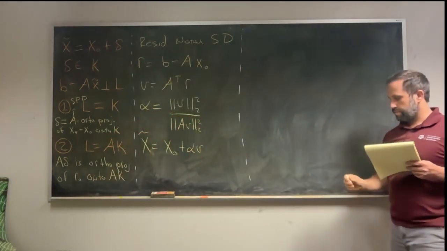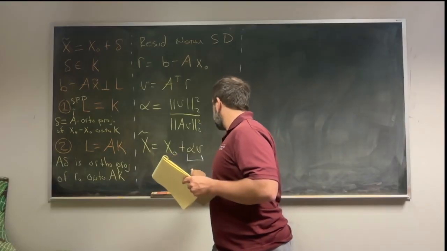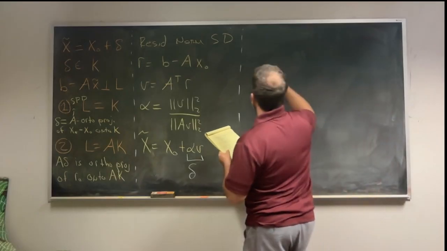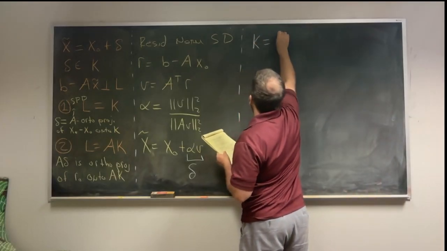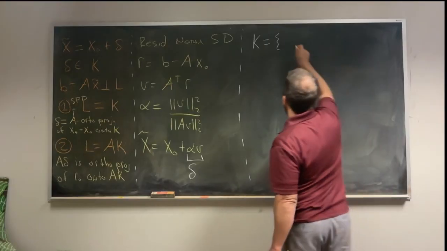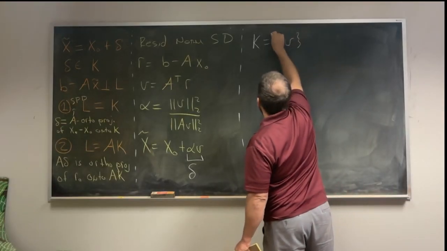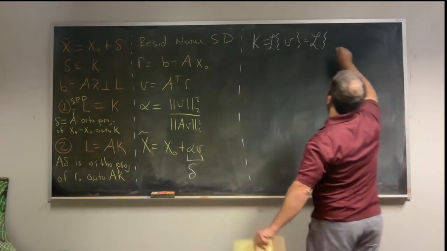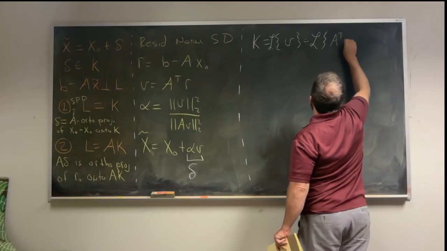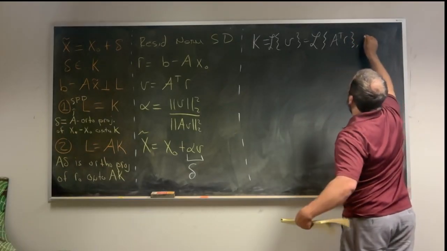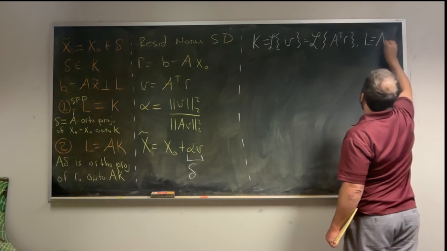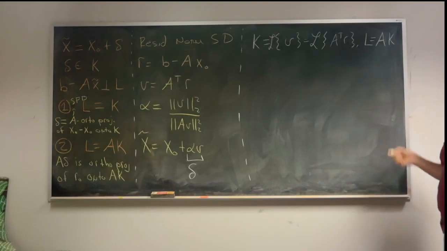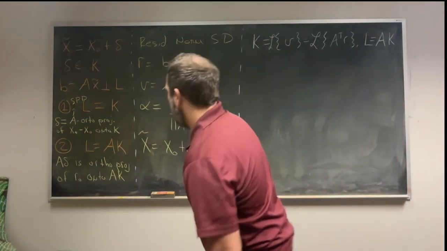Okay, that is the algorithm. And so again, what we're saying is that this is our delta, but I haven't told you what the spaces are. In this case, K is going to be the space spanned by V, and remember what V is, it's A transpose R. And L is going to be equal to A times K. So in other words, it's going to be the space spanned by A transpose R. Okay, so now we are in this setting here.